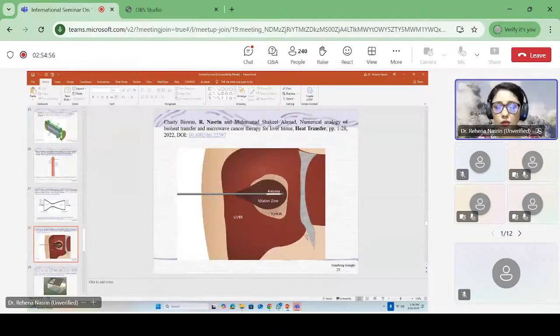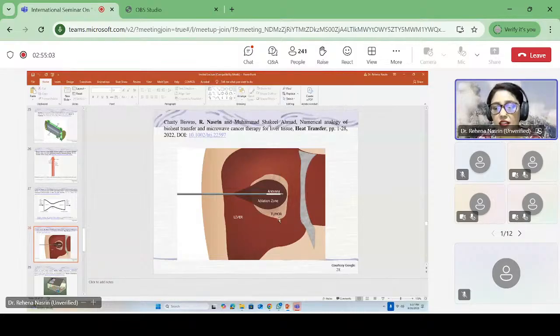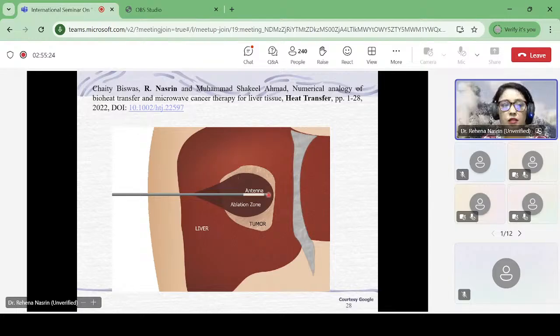This is another geometry you see here. This is a liver in our human body. This part is the tumor, the red part is the liver, and we put an antenna here for the ablation zone, for microwave cancer therapy.